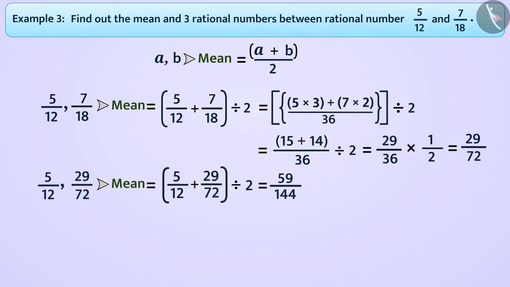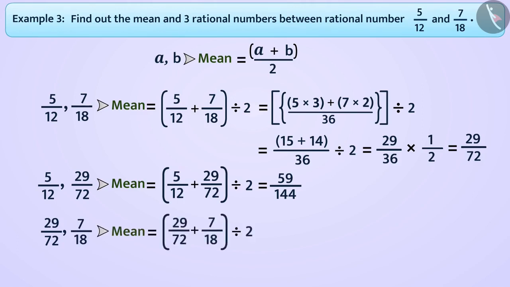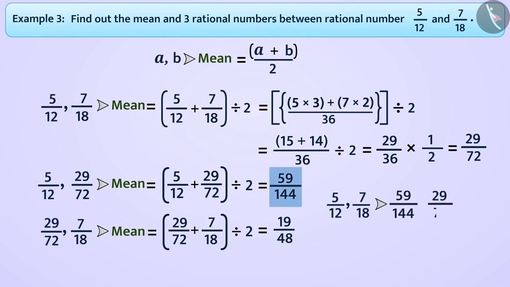In this way, we can find out the mean of 29 by 72 and 7 by 18. Their mean will be 29 by 72 plus 7 by 18 divided by 2 is equal to 19 by 48. In this way, 3 rational numbers between 5 by 12 and 7 by 18 are 59 by 144, 29 by 72 and 19 by 48.